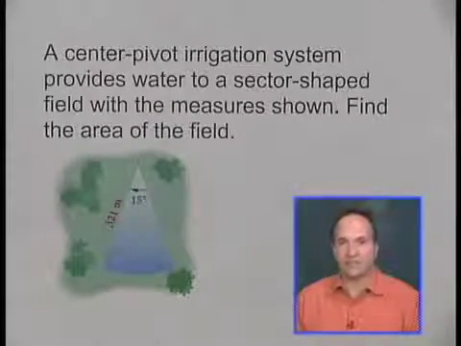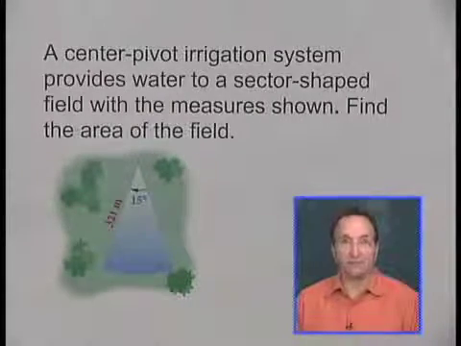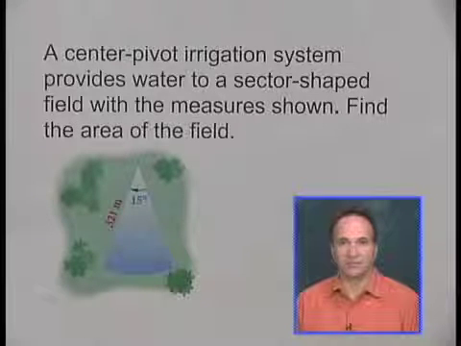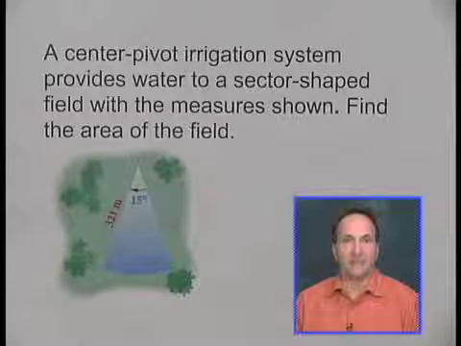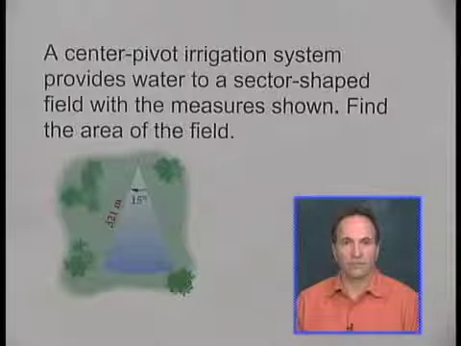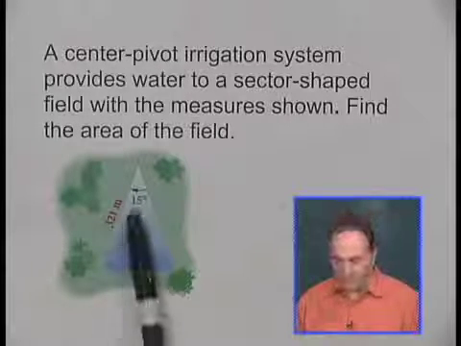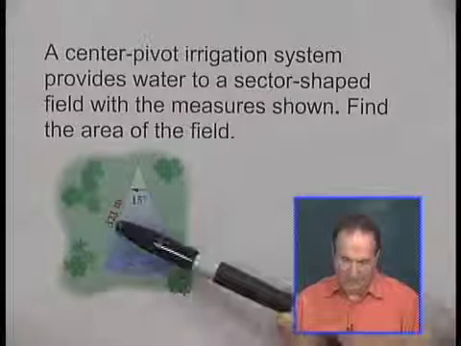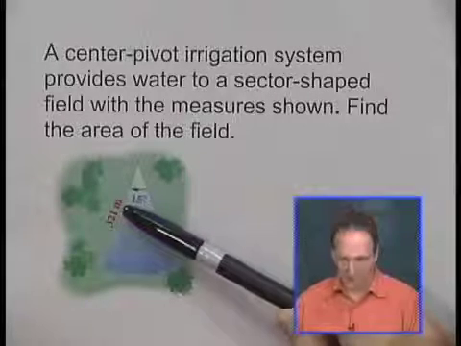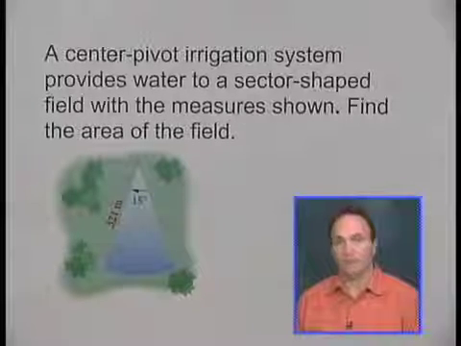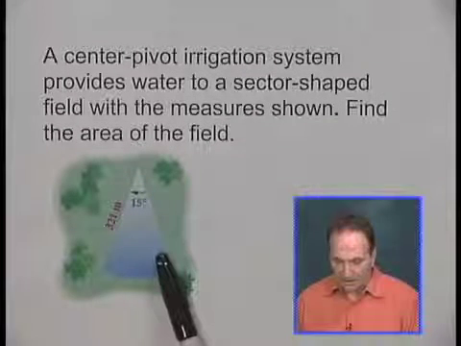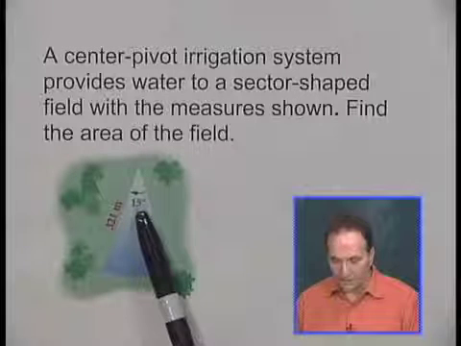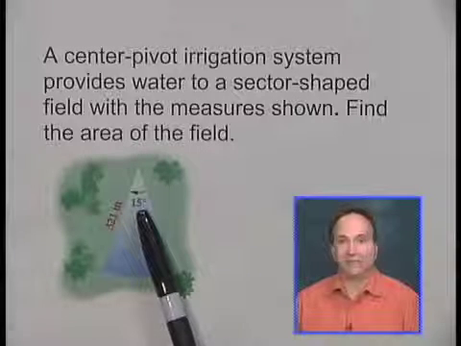A center pivot irrigation system provides water to a sector-shaped field with the measures shown. Find the area of the field. What we can see here is we have an angle of 15 degrees and we have a length here of 321 meters. So to find the area of this sector, we'll use the formula, but the formula requires that the angle be measured in radians.